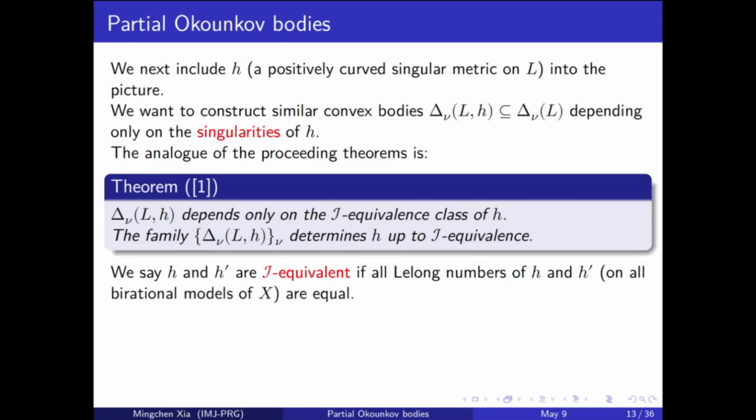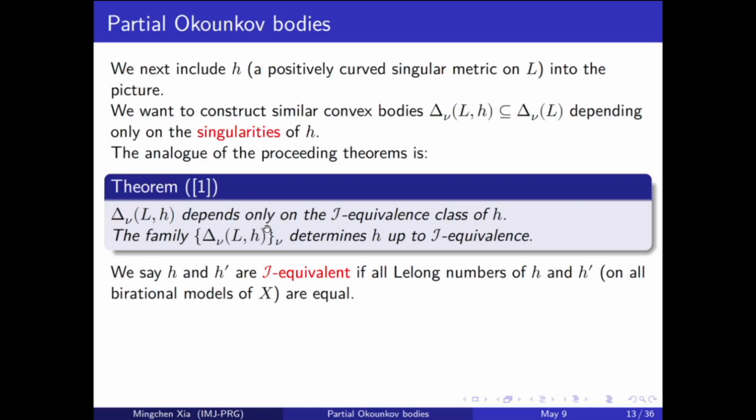That means they tend to minus infinity in roughly the same way, in the sense that most of the information we are interested in about the singularities is invariant under I-equivalence. I mean, two singularities are equivalent if and only if their behavior near minus infinity, their behavior near the degeneration locus, are roughly the same. And it's actually somehow the main equivalence relation we are interested in when studying the singularities.